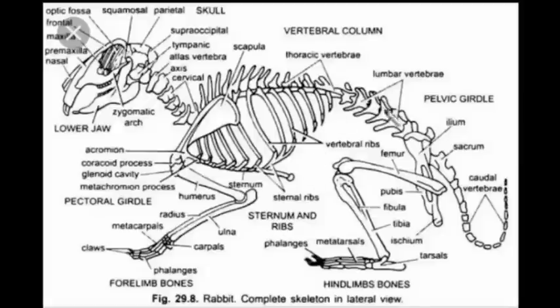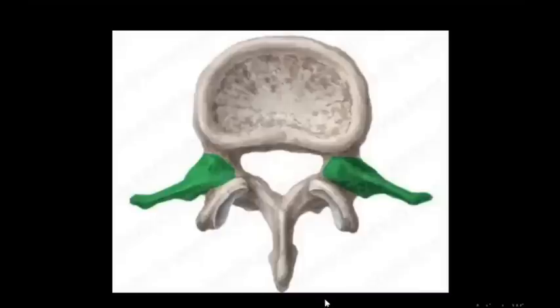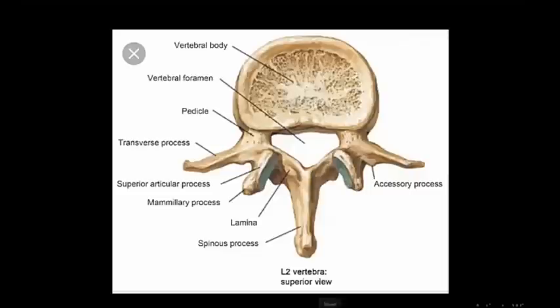So let me show us a typical picture of that particular bone called the lumbar. This is how the lumbar vertebrae looks. This is a labeled diagram, so to say. We have this particular part here called the vertebral body. We have the vertebral foramen, the pedicle. We also have the transverse process here, and here we have the vertebral foramen.